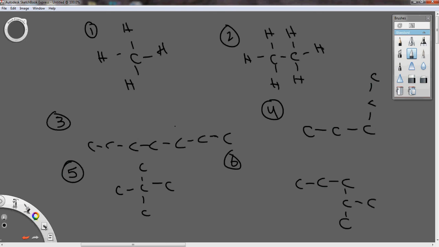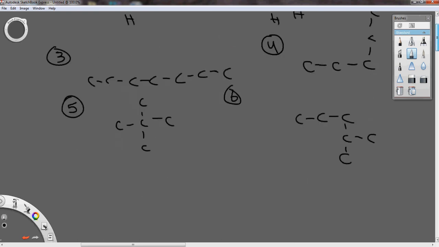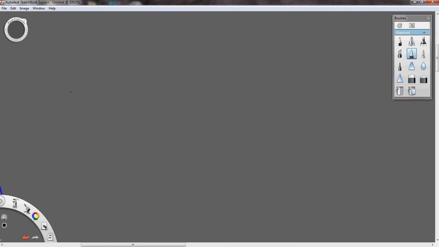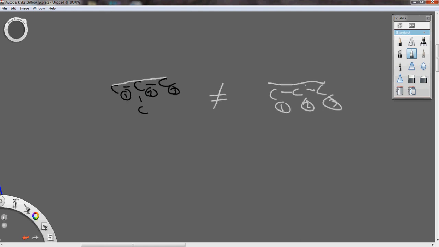Alrighty, so that is it. I hope you learned a lot from this video. Really quick, what I'll be showing you next time in my video will be, as I had shown, this was not butane, it was propane because we counted the carbon atoms. And we got 3 in a straight path. Or not straight path, but in the longest path. But this does not equal this. You know they both have 3 carbon atoms in a path.